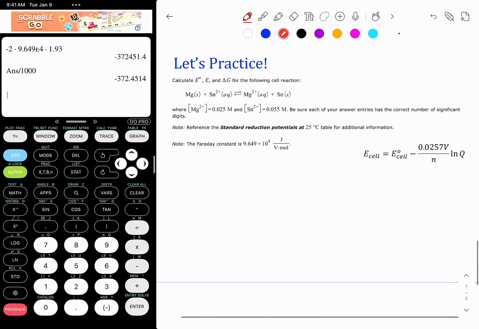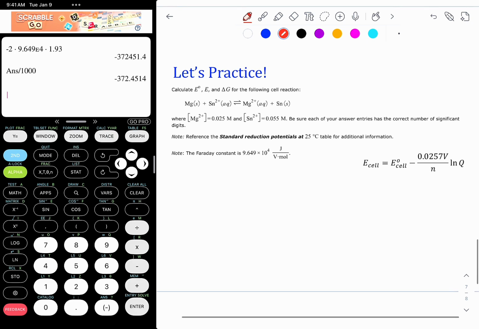So let's put it all together. Let's look at this problem from your homework. It's asking us to do every bit of everything we've learned in our past few lessons, starting from standard potentials, even looking at half reactions. So everything from the beginning of this chapter until now.